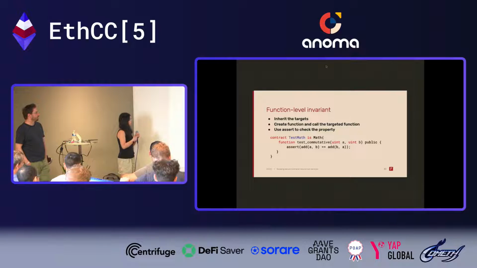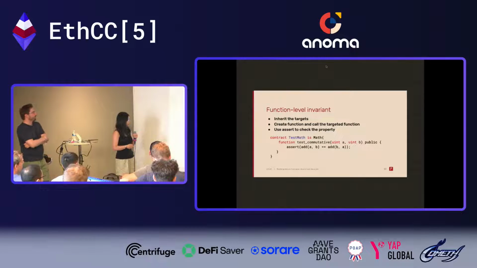So with this specific Echidna test, Echidna is now going to generate random values for these two uints, and for any set of values in which this assert statement is false, Echidna would raise an error.